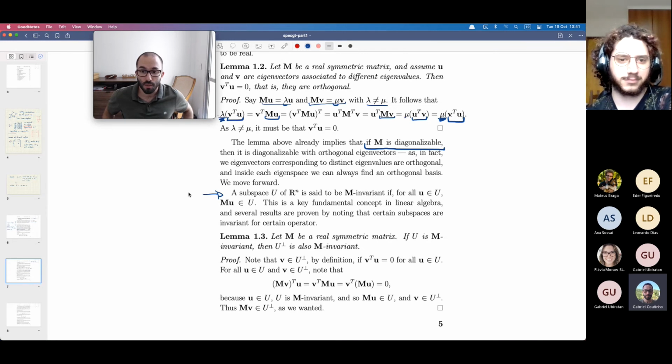A subspace of Rn, I'm reading here now, is said to be M-invariant if whenever you pick a vector in that subspace and you multiply it by M, you are still in the subspace.